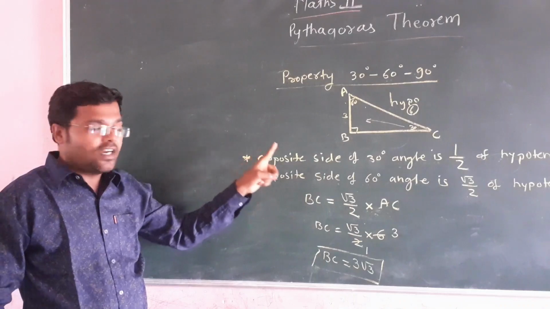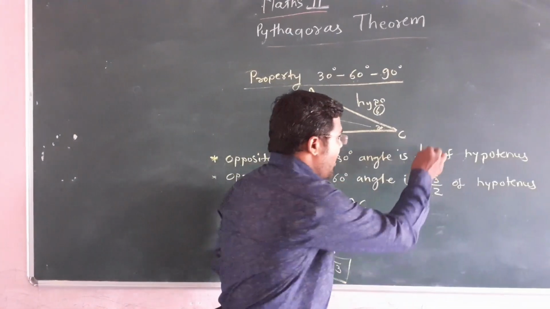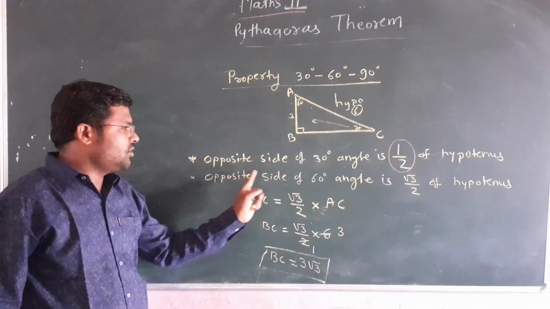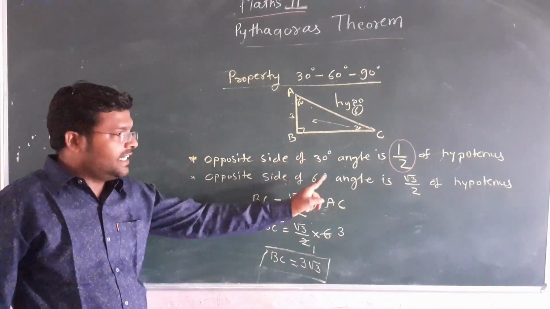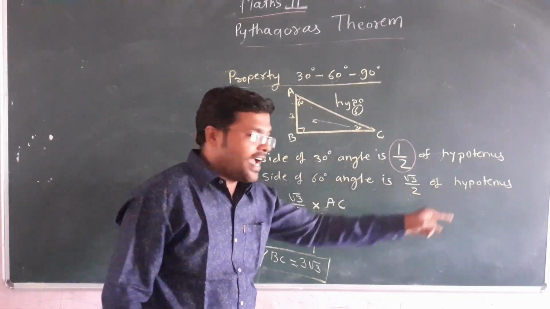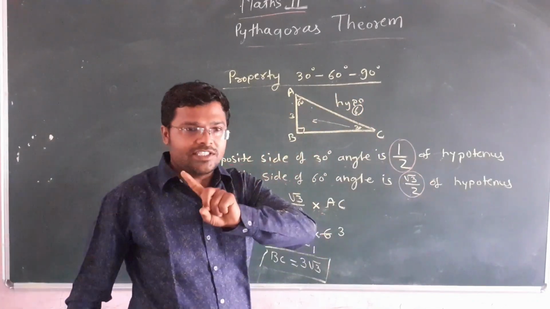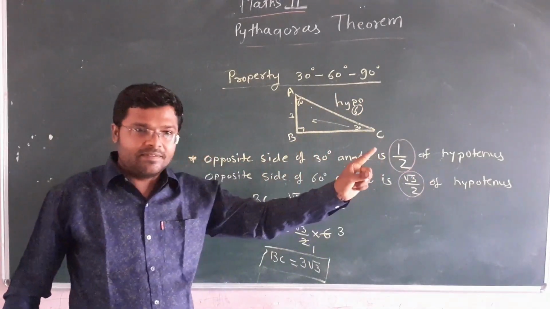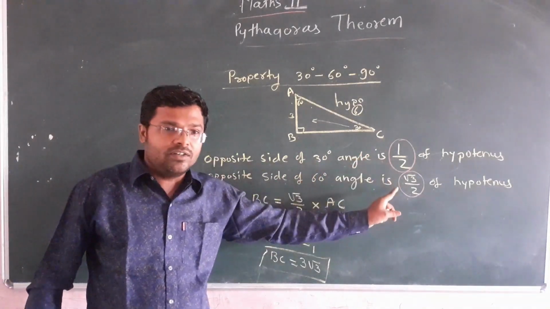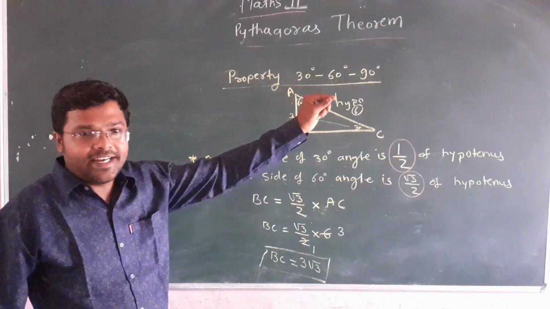First, opposite side of 30 degree angle is half of the hypotenuse, 1 upon 2, and opposite side of 60 degree angle is root 3 upon 2 of the hypotenuse. Now we learn 45, 45, 90.